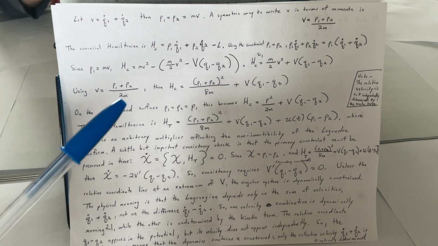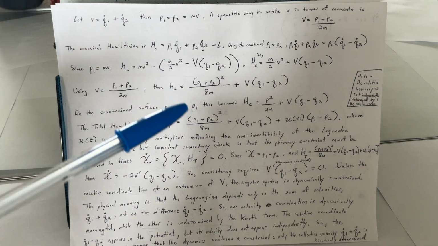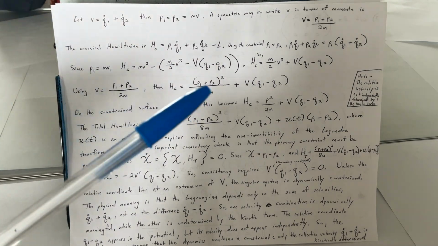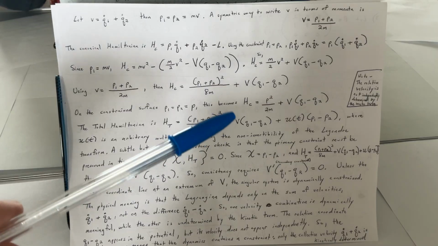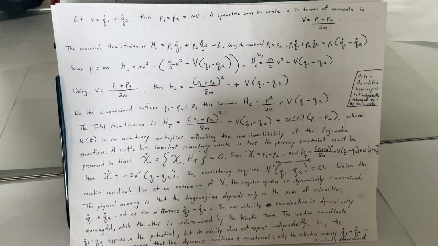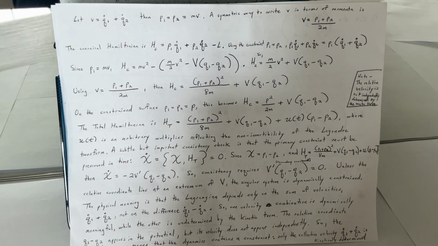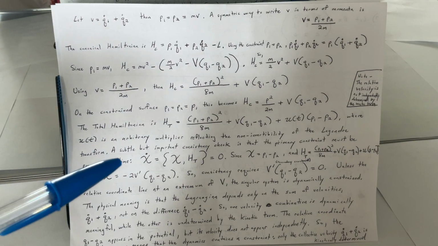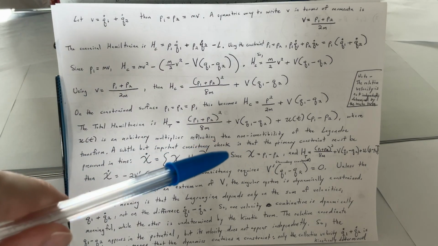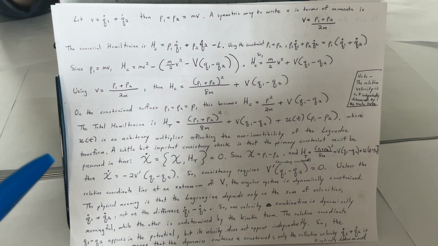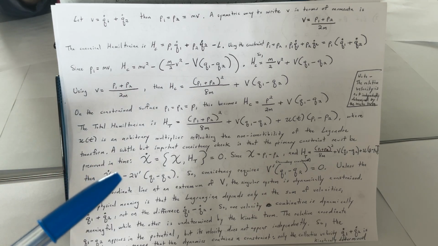From there, we could say that the total Hamiltonian H_T equals the quantity p1 plus p2 squared over 8m plus V times the quantity q1 minus q2 plus u of t times the quantity p1 minus p2, where u of t is an arbitrary multiplier reflecting the non-invertibility of the Legendre transform.